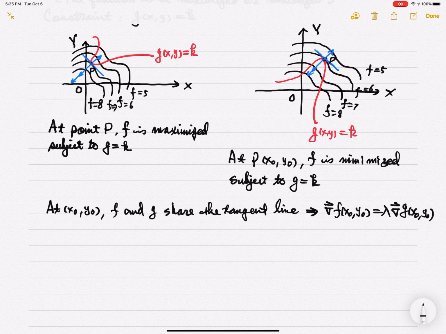Okay, so Lagrange said this gives us a method to find the extreme value, the method of Lagrange multiplier.